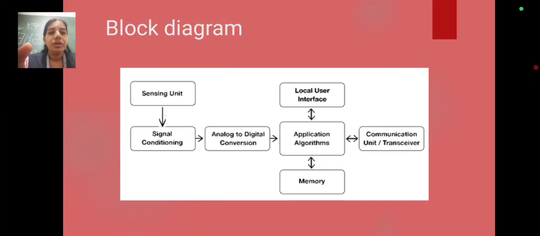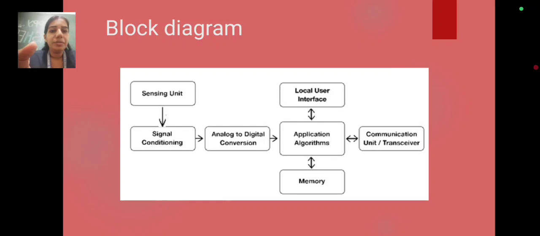According to the block diagram, the first unit is the sensing unit. It senses or detects the physical parameter and passes that signal to the signal conditioning block.